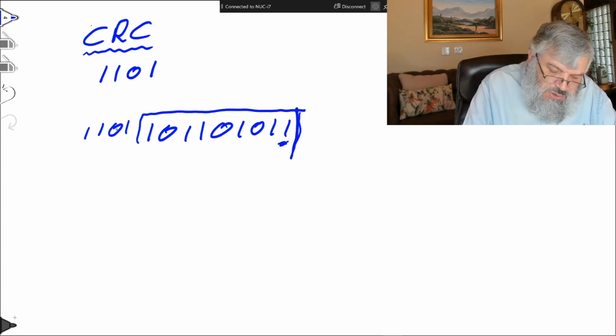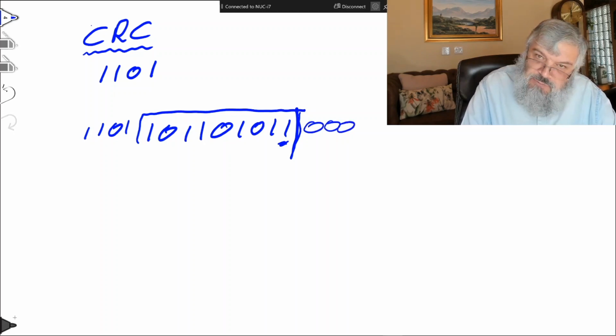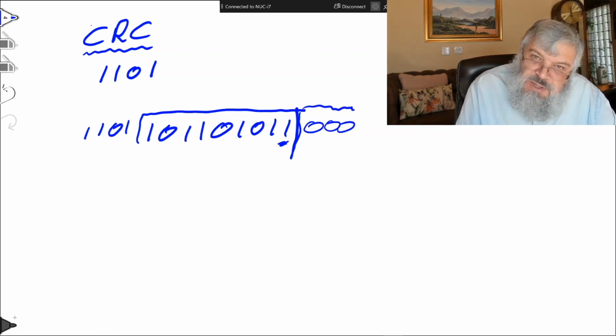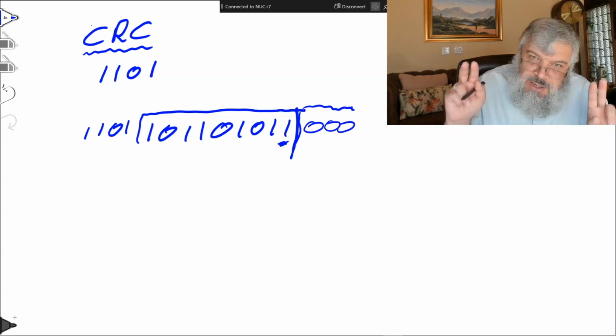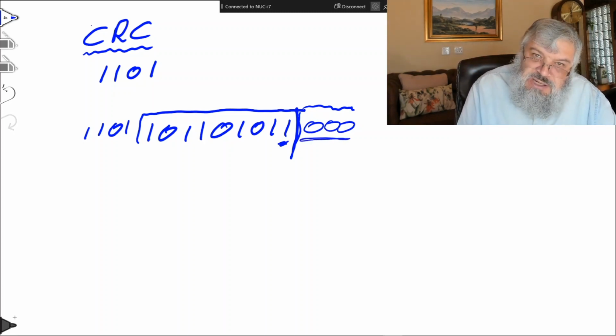Since I'm going to use 4 bits for my division, when I divide it into that final bit, I'm going to need 3 additional bits to subtract a 4-bit polynomial from it. So because there are 4 bits in my polynomial, I have to extend the value that I want to protect by 3 bits. Eventually, I'm going to replace those 3 bits by the CRC.